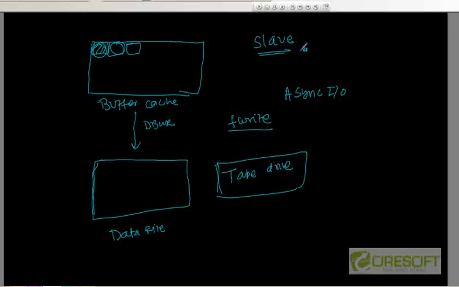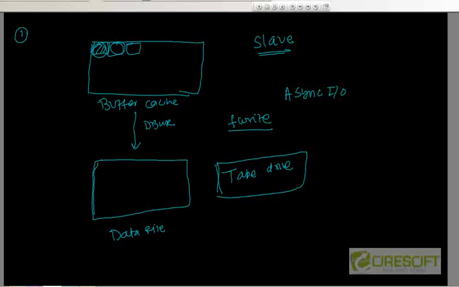So DB writer slaves are nothing but processes which do an operating system write to the tape drive, or to drives where the operating system cannot write. In those cases we use database writer slave processes.